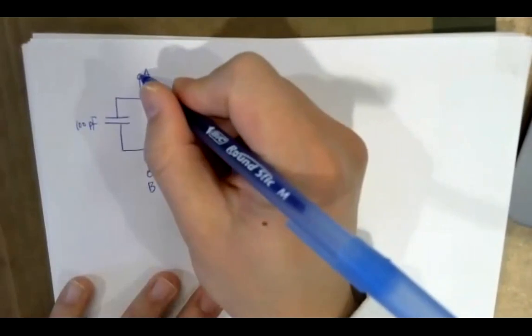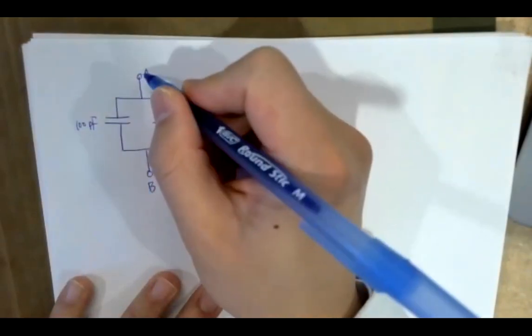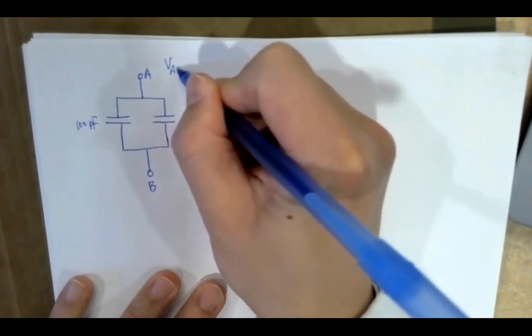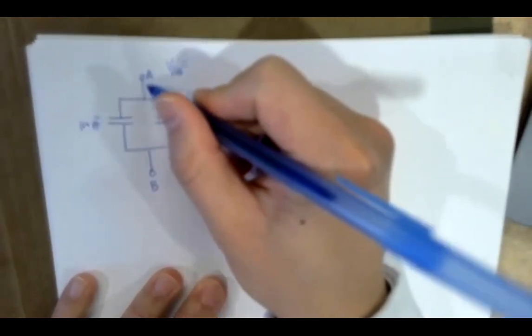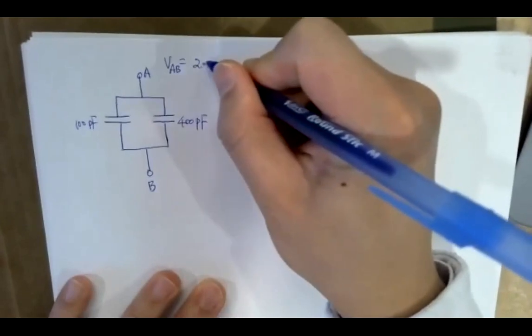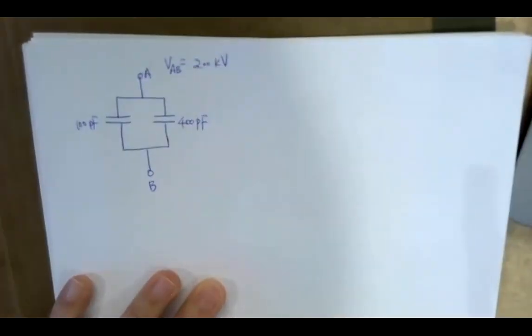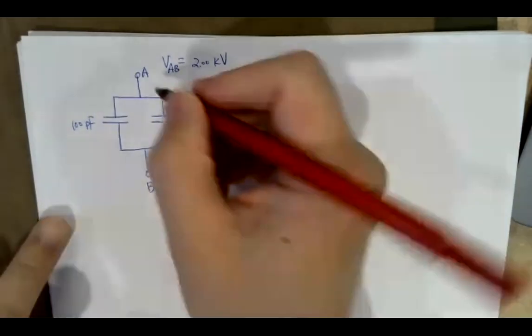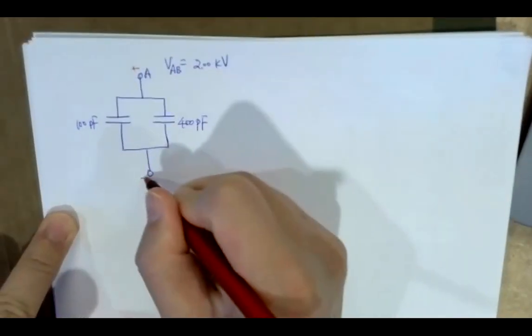When you charge them, put the power source up. So VAB across this A and B is 2 kilovolts. When it's charged to 2 kilovolts, let me say this is the positive terminal, this is the negative terminal.